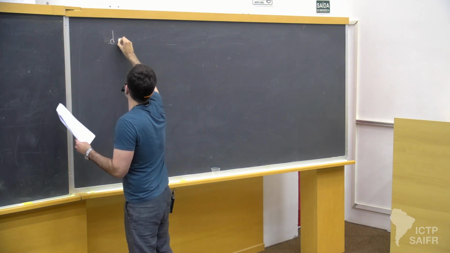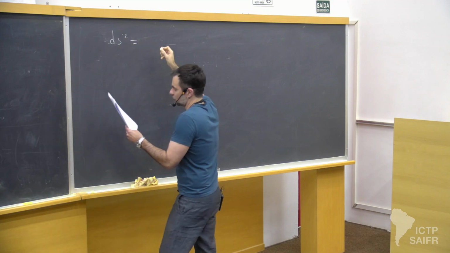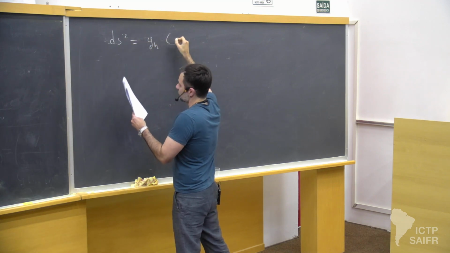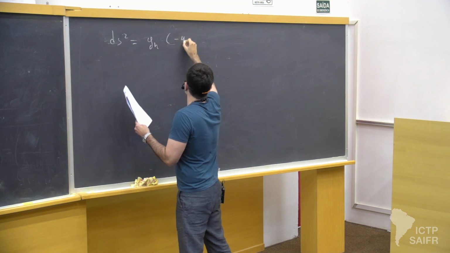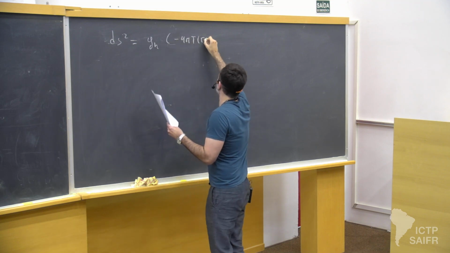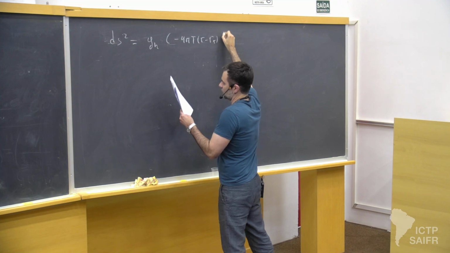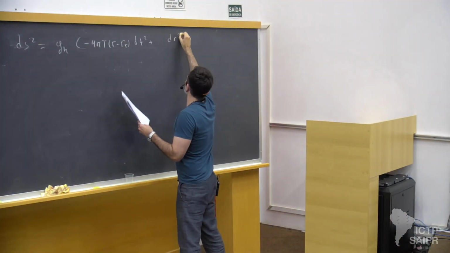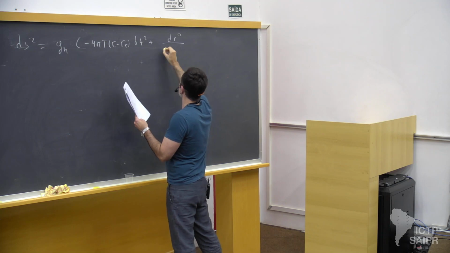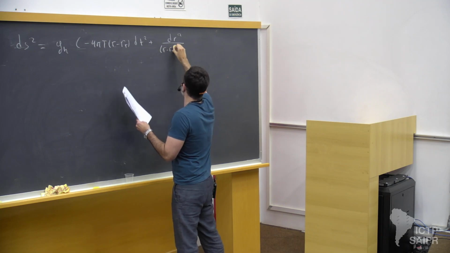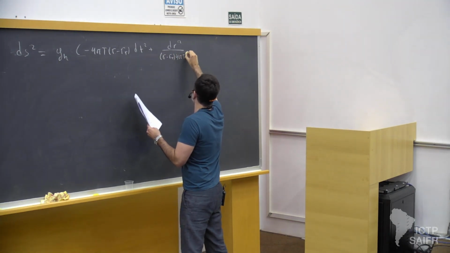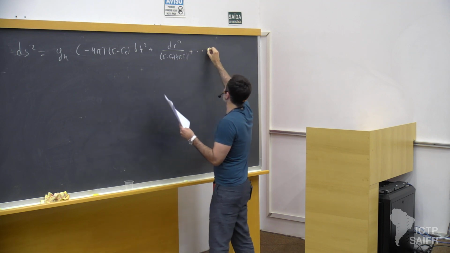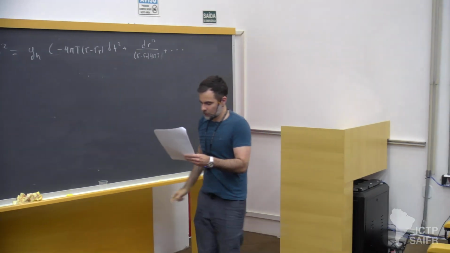So the ds squared close to the horizon will go like g8 times minus 4 pi T (r minus r plus) dt squared plus dr squared over (r minus r plus) 4 pi T, plus the horizon part, which is not super interesting.